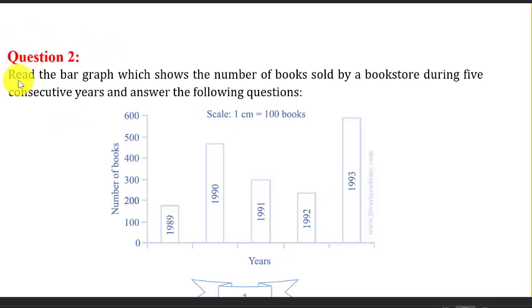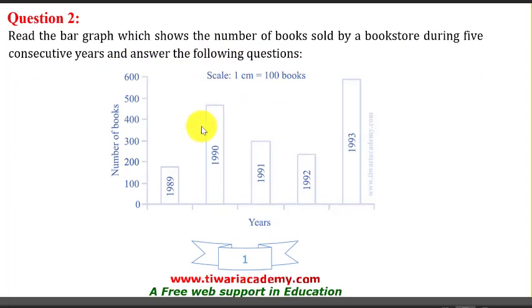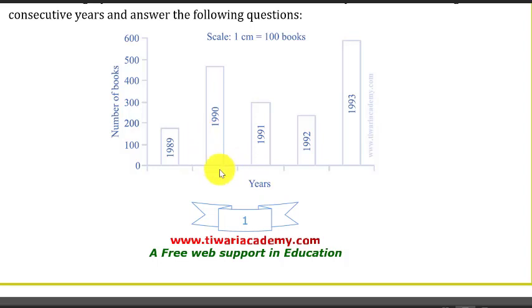The given question is, read the bar graph which shows the number of books sold by a bookstore during 5 consecutive years and answer the following questions. In this bar graph, the x-axis says years and the y-axis says number of books.